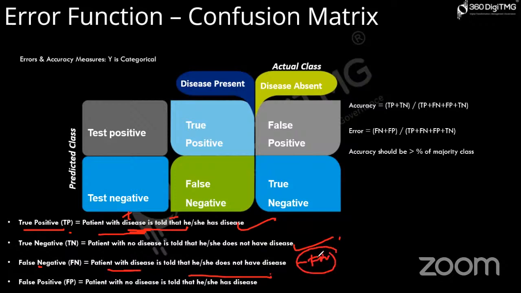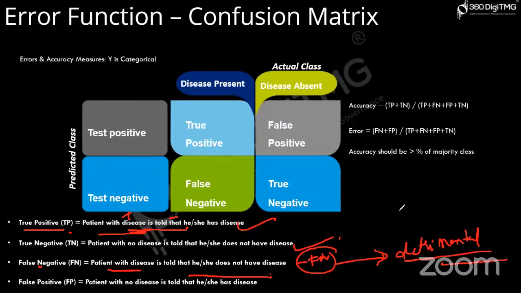When it comes to healthcare analytics or life science analytics, these are detrimental. Why? Because that particular person has cancer and you are saying you don't have any cancer. Using your model, you have done a prediction saying you don't have cancer.